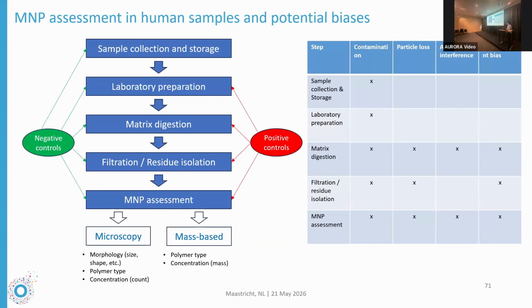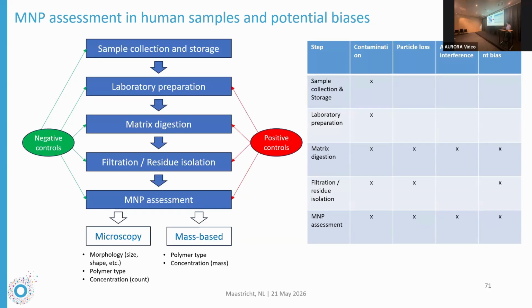After which we can do micro nanoplastic assessment using different methods, which are broadly categorized into two groups: microscope-based and mass-based methods. Microscope-based methods, for example Raman microscopy or LDIR or FTIR, can be used to characterize the features of microplastic particles, for example morphology like size, shape, pigmentation, or surface properties, but also to identify polymer type and to give information on the concentration by counting the number of observed particles per sample unit.